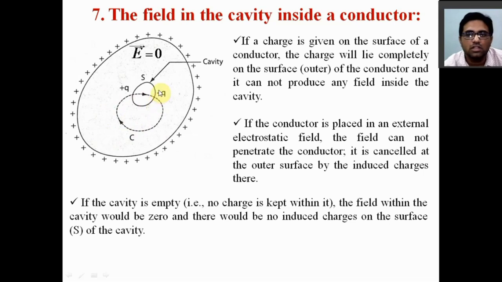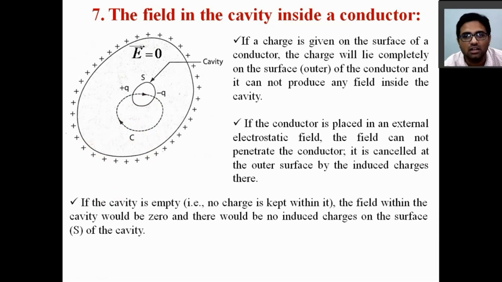Let us now consider a closed path C, part of which crosses the cavity along the field line and the rest of which lies inside the conductor, where you know the electric field is 0, right?